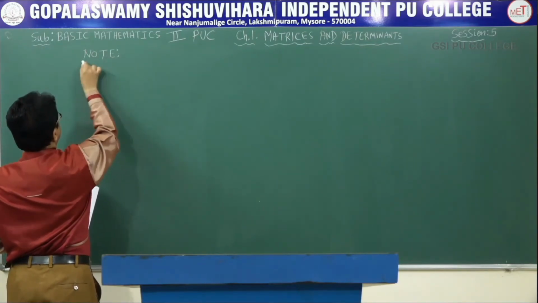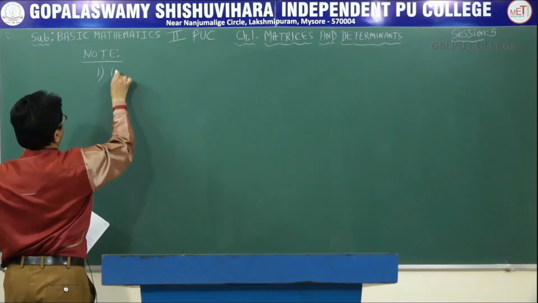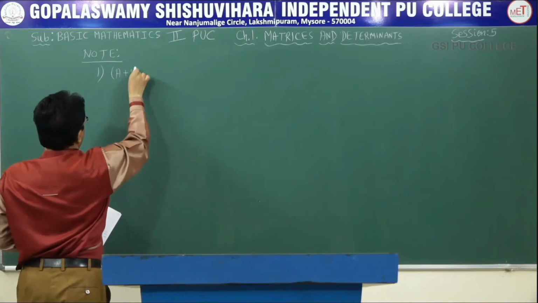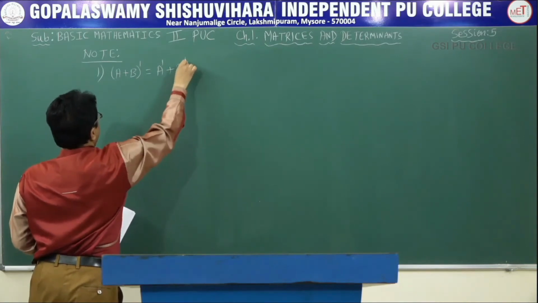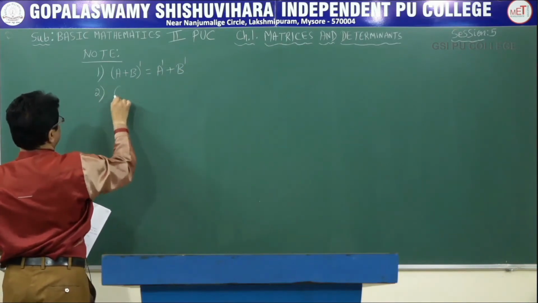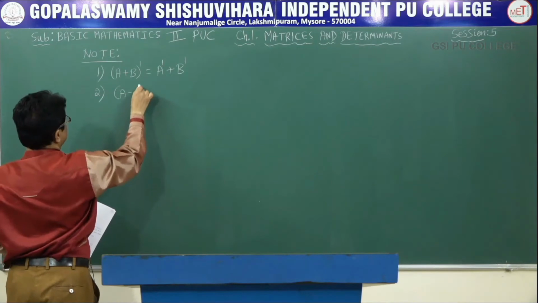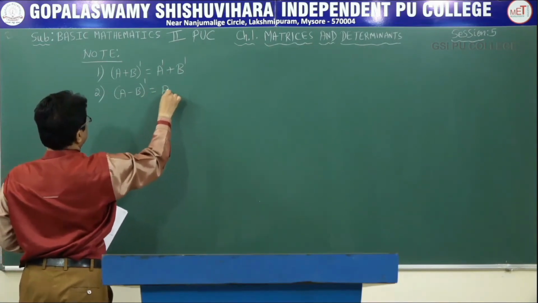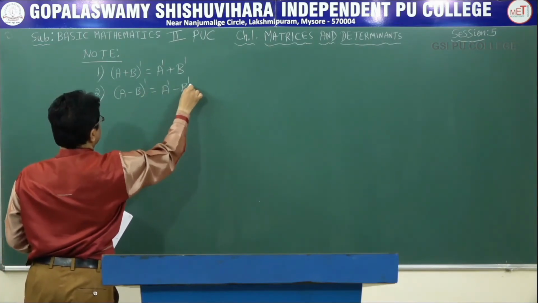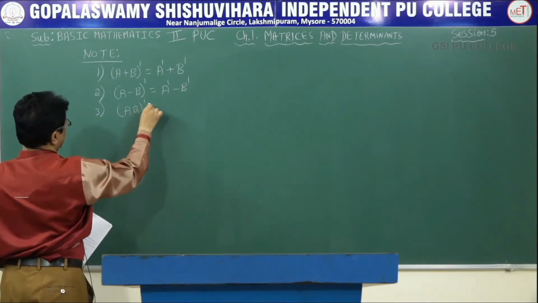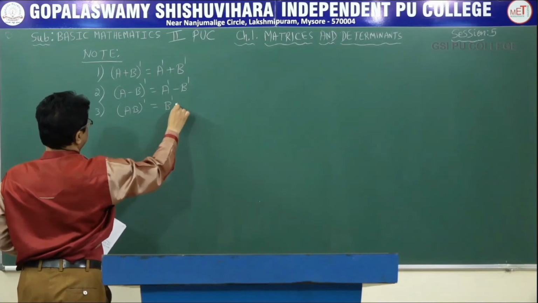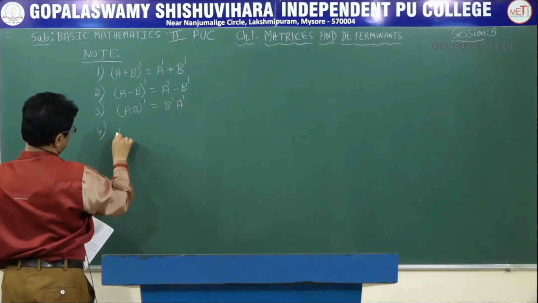Note, A plus B whole dash is equal to A dash plus B dash. A minus B whole dash is equal to A dash minus B dash. AB whole dash is equal to B dash A dash.